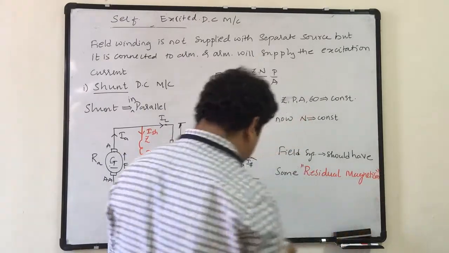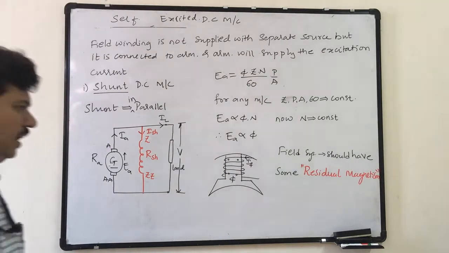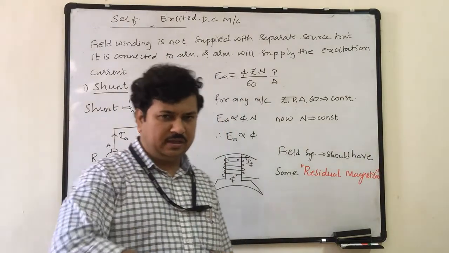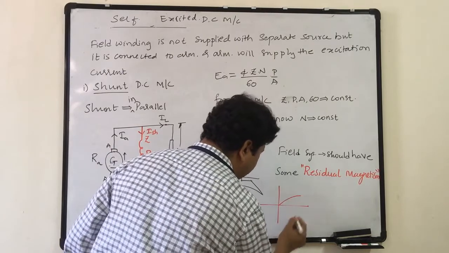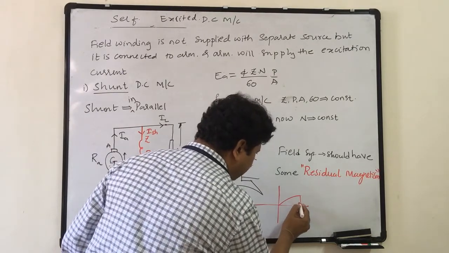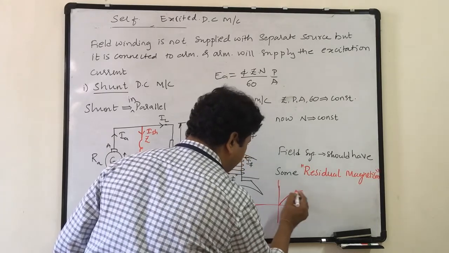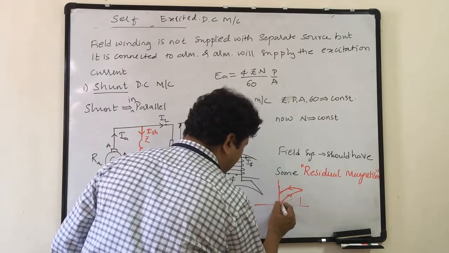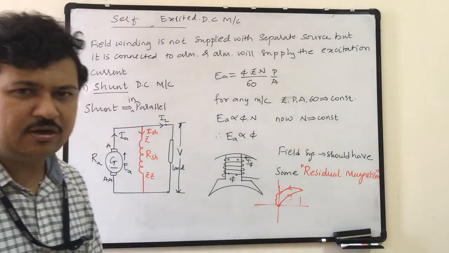What is residual magnetism? When explaining the hysteresis loss in the transformer unit, I explained the BH curve. When I increased the magnetizing force to some extent and decreased it in the same number of steps, and when I made the magnetizing force 0, the magnetic flux density did not become 0.